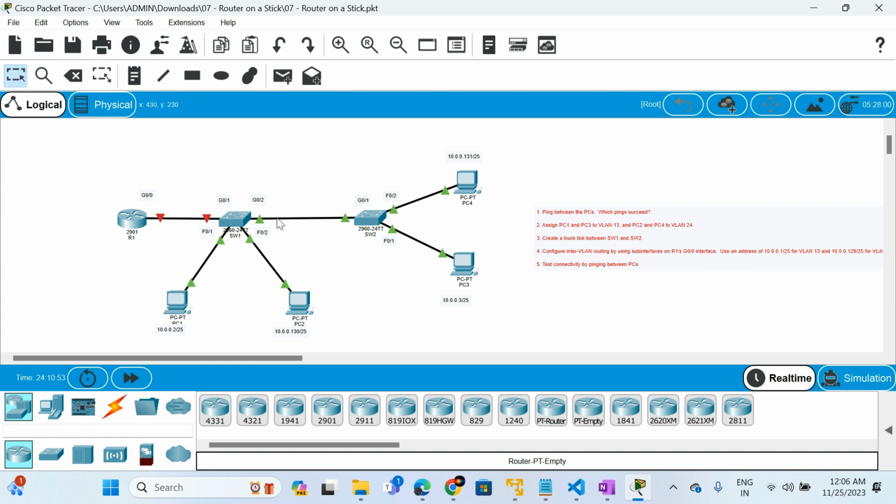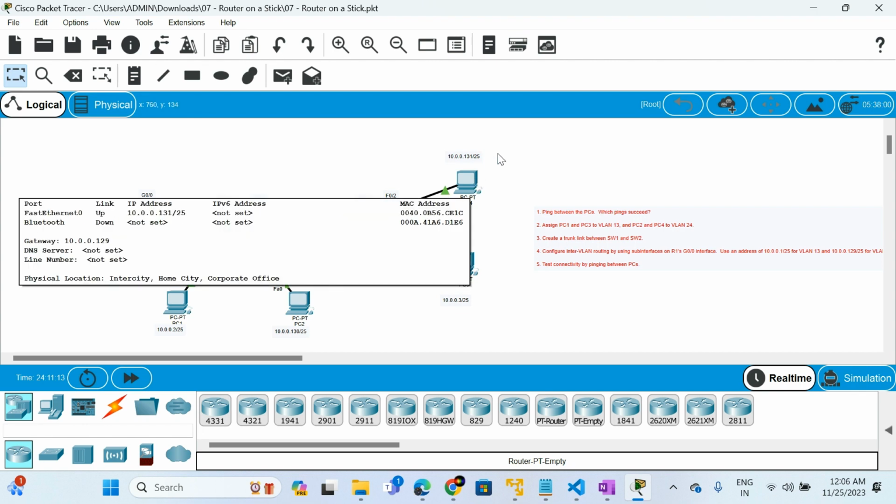We have two switches connected, PC1 and PC3 are part of the same VLAN, and PC2 and PC4 are part of another VLAN. In this case, I can ping from 10.0.0.2 to 10.0.0.131.